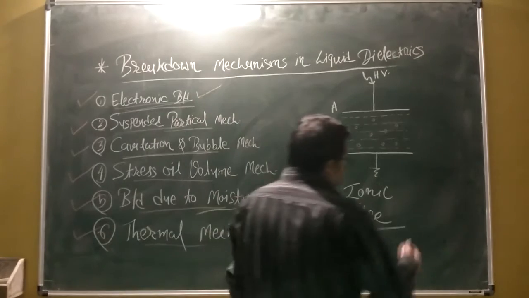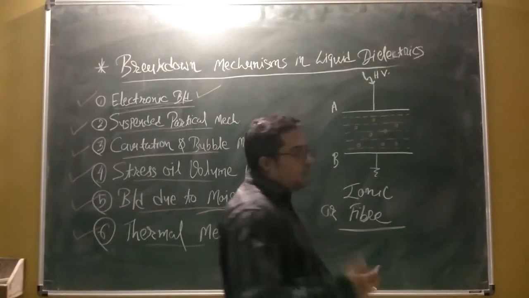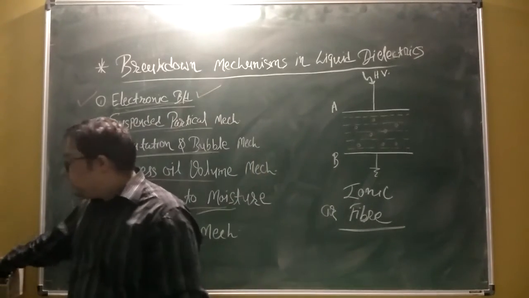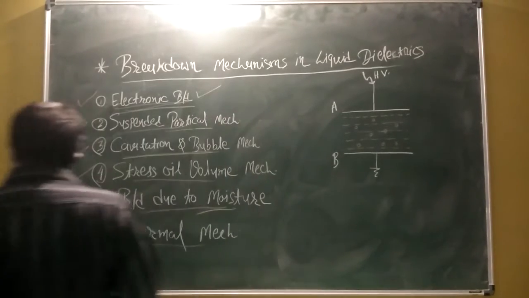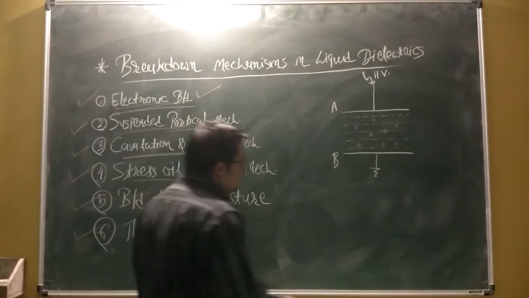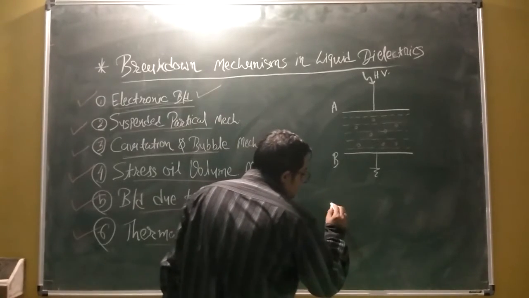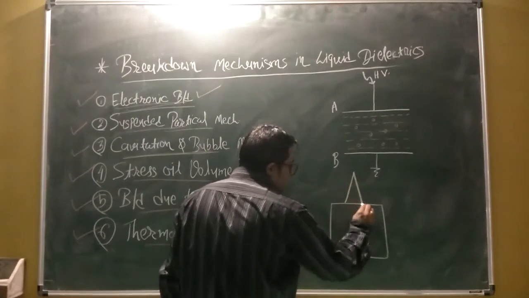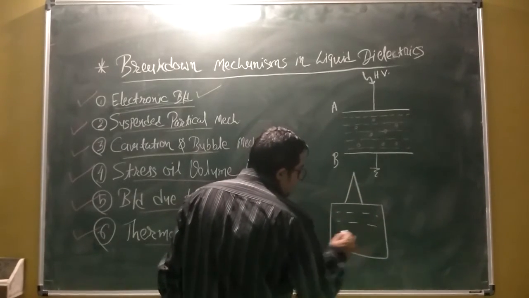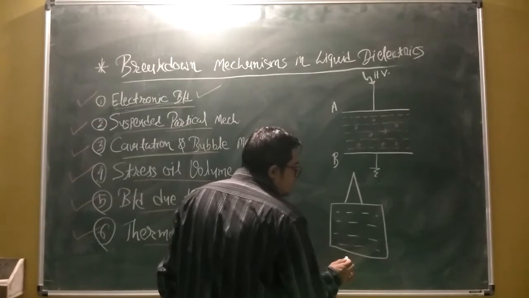Let us consider a very good example using the transformer. Let us take the case of the transformer. I am simply drawing a transformer in which you find the liquid dielectric.